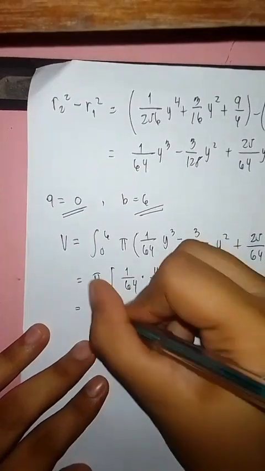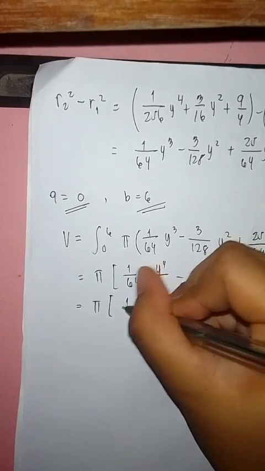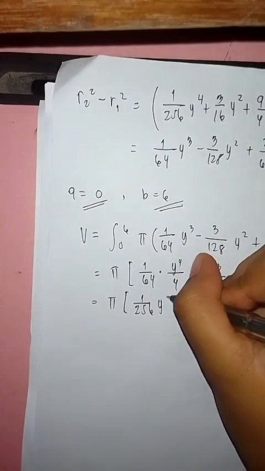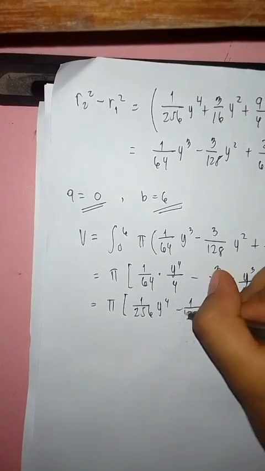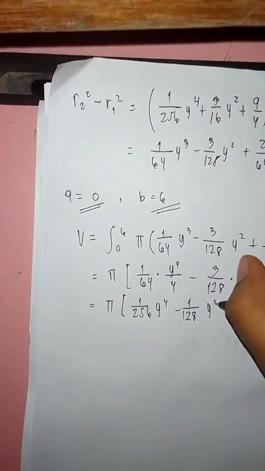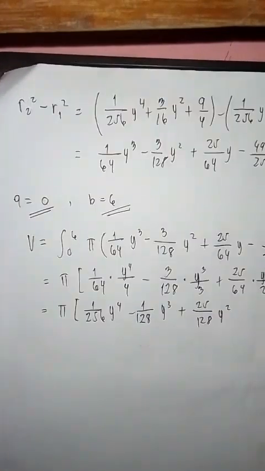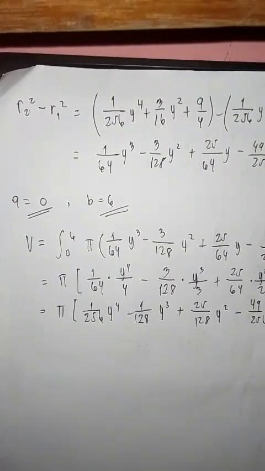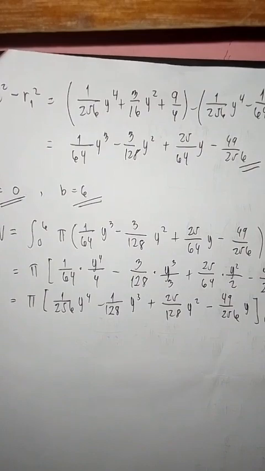So this is pi times (1 over 256 y raised to 4 minus 1 over 128 y cubed plus 25 over 128 y squared minus 49 over 256 y) evaluated from 0 to 6.